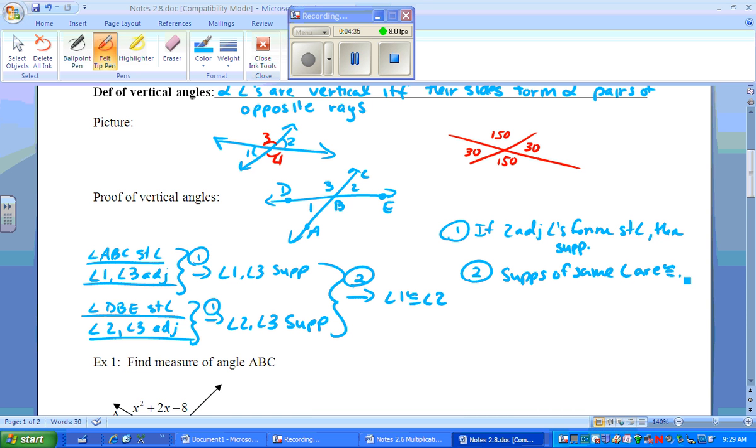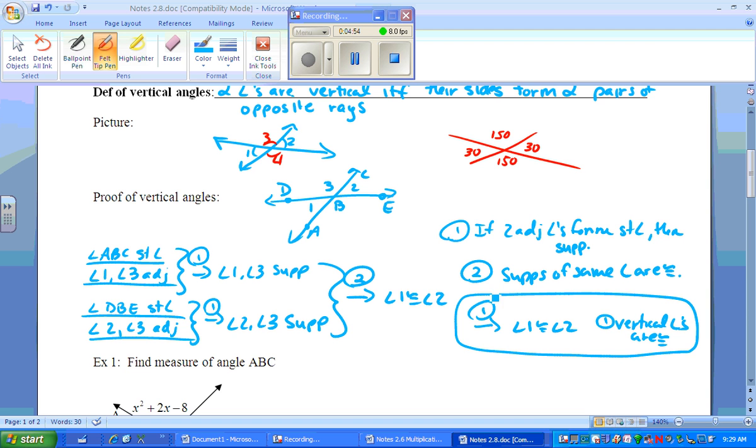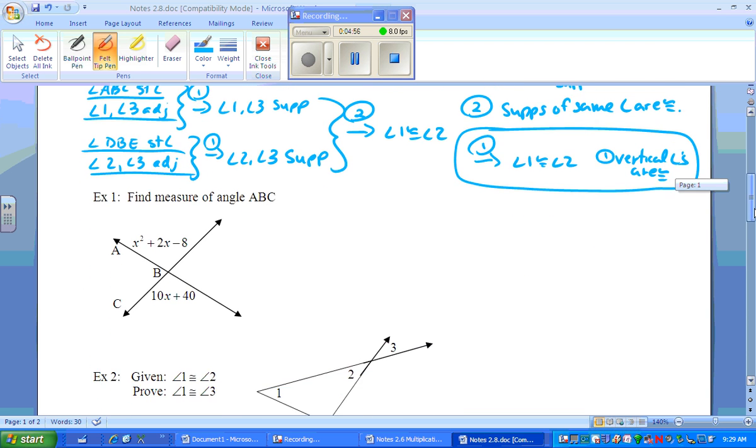What your shorthand is going to look like is that you're going to be able to put an arrow out and say that 1 is congruent to 2, and that reason is going to be vertical angles are congruent. All vertical angles are congruent. That's what it's going to look like in your proof.